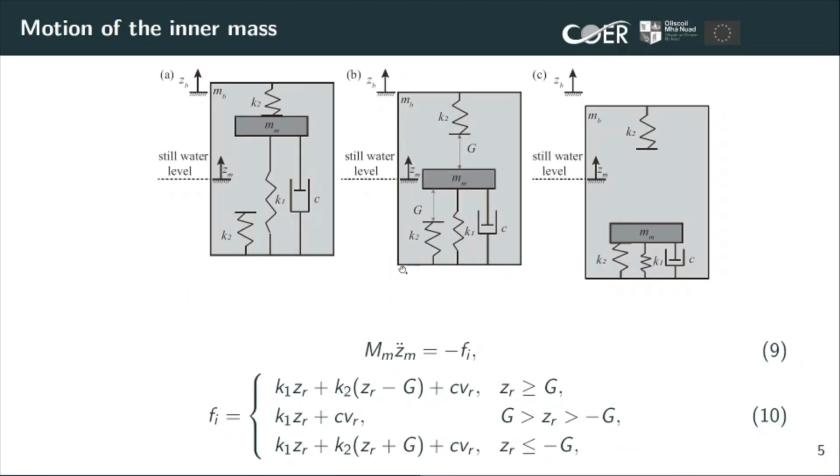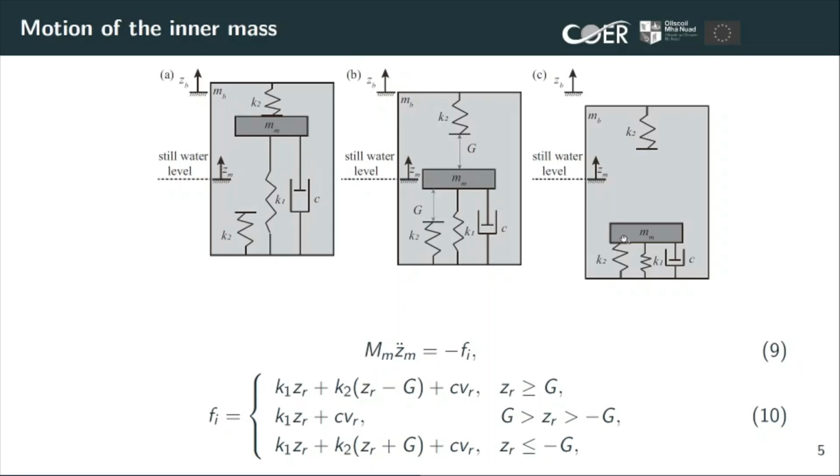The motion of the inner mass is quite simple. It is only governed by the interaction force, but the interaction force depends on the relative displacement between the inner mass and the buoy. When the relative displacement is larger than the upper gap, the upper impact spring is active.